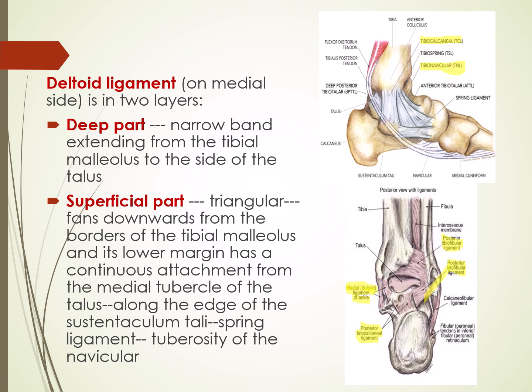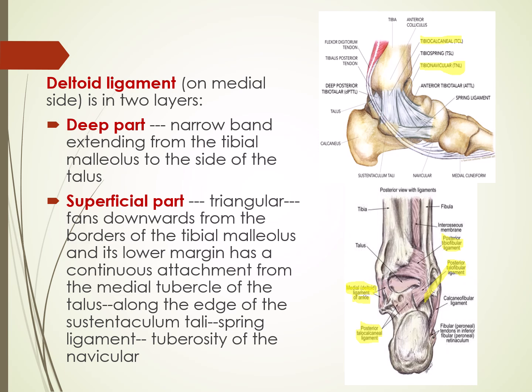The part which is attaching to the talus is in two parts, that is the anterior and posterior tibiotalar parts, the anterior tibiotalar ligament and the posterior tibiotalar ligament. These are the parts of the deltoid ligament extending from the tibia to the talus bone.